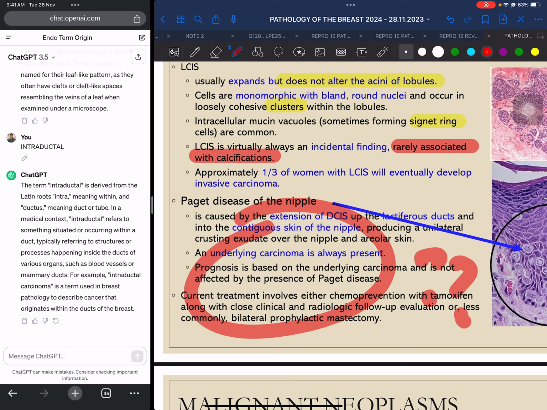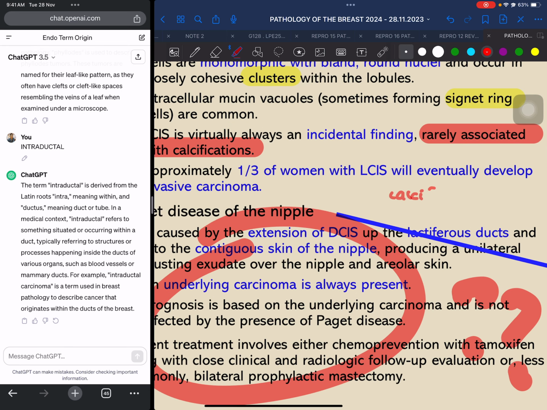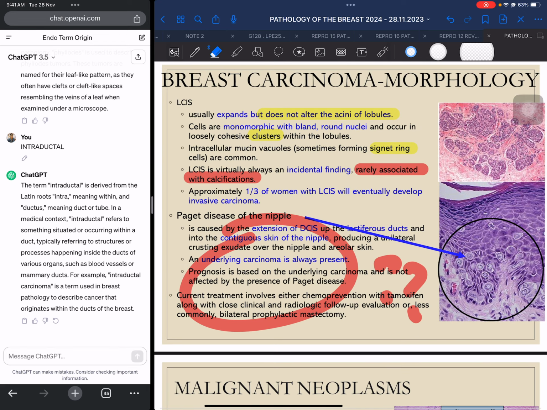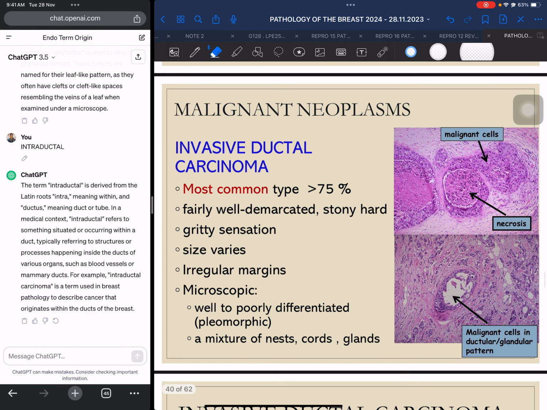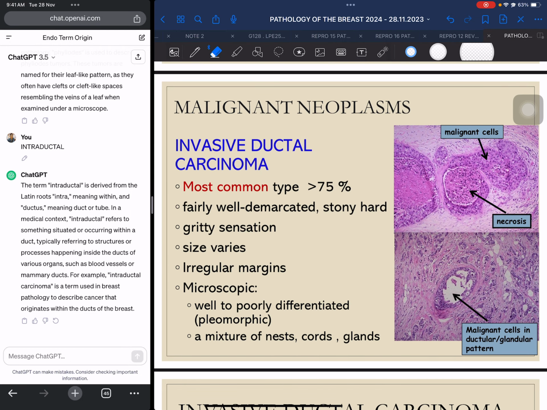When you have Paget cells within the skin of the nipple, usually they are associated with an underlying breast cancer. The prognosis is based on the underlying carcinoma, not on the Paget's disease. Current treatment is with either tamoxifen or Herceptin, depending on the presence of the biomarkers that we have mentioned earlier, or they may do mastectomy.